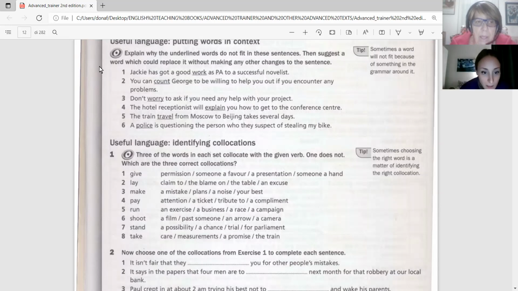A police is questioning the person who they suspect of stealing my bike. Ok. A police, sì, a police non si dice, di police, maybe.